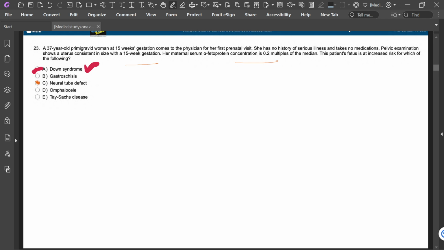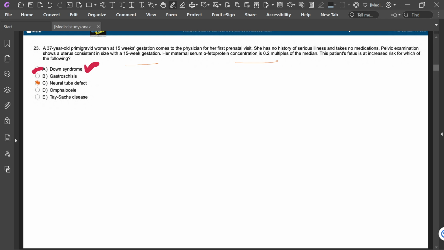It's just that you need to know what that 0.2 multiples of the median means. In gastroschisis and also in omphalocele, alpha fetoprotein is increased. Both are almost the same. In omphalocele it's increased too? Yes, in case of omphalocele, a patient's serum alpha fetoprotein would be increased, not decreased. Got it.